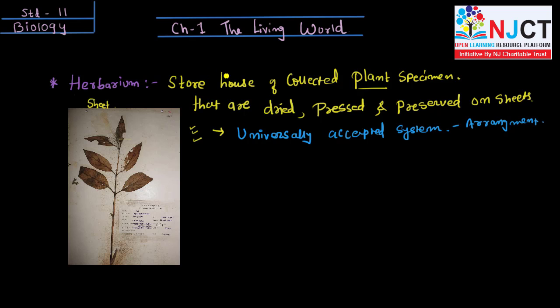Okay, now let's just see how this herbarium sheet is prepared. Okay, first of all, there is a specimen which you have to take. So this is a specimen. Then you are going to dry it for some time, so all the water content is removed. Pressed it on the sheet and then preserved it. How?